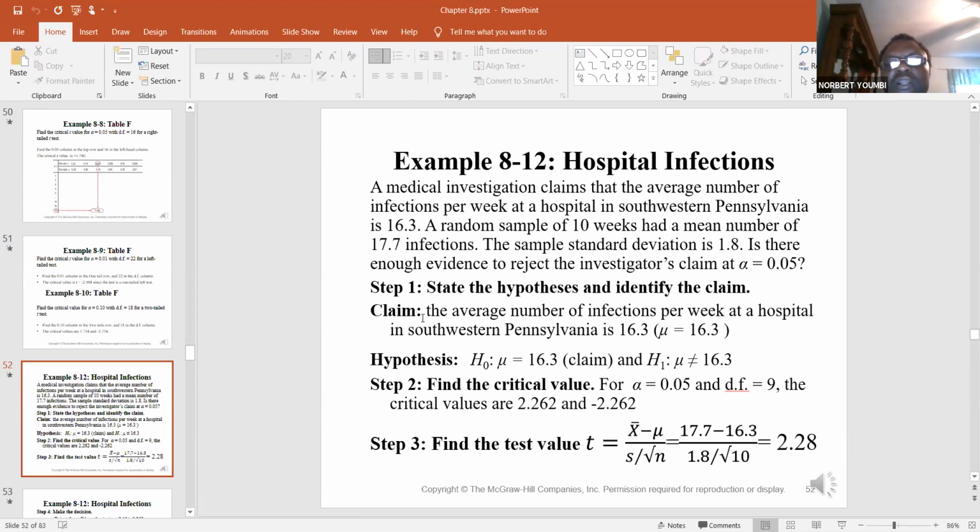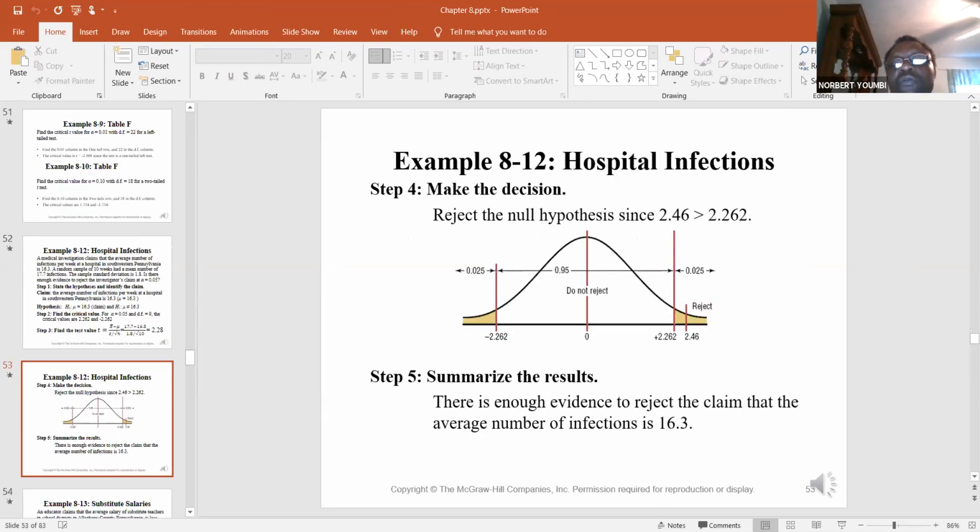Here, the claim is the average number of infections per week at the hospital is 16.3. So it's equality, so it is the null hypothesis. And then the alternative hypothesis is mu is different from 16.3. Find the critical value for alpha equal to 0.05 with a degree of freedom of 9.